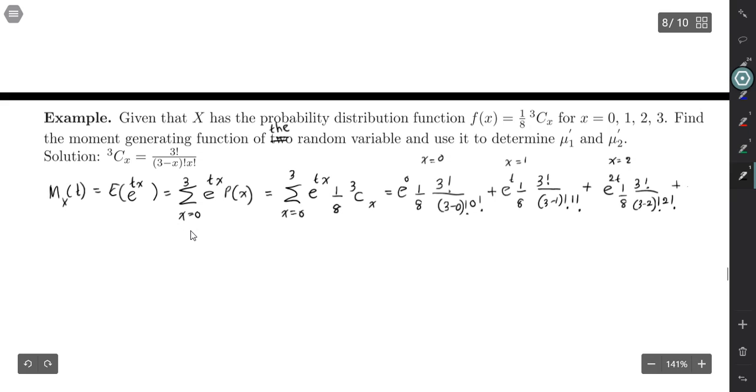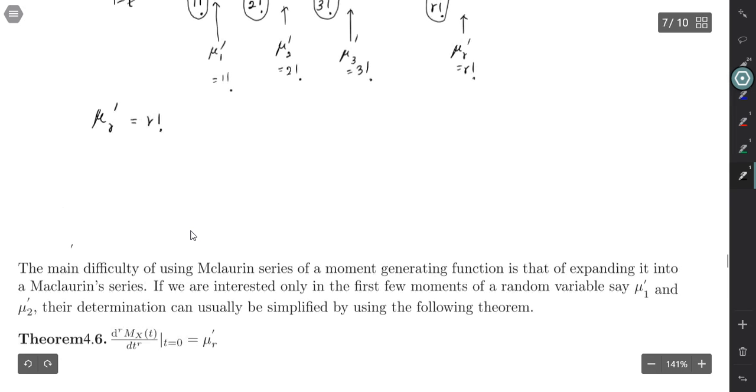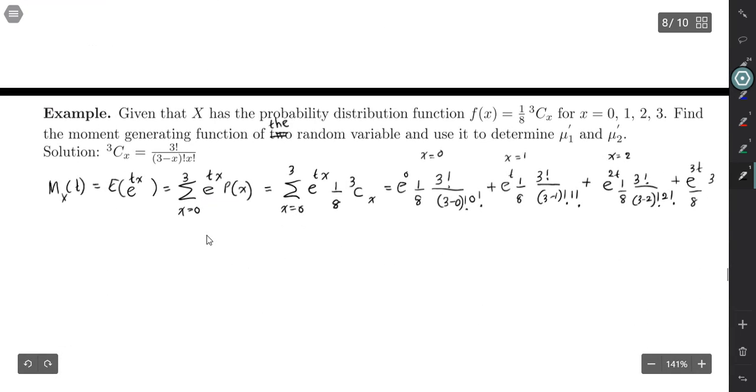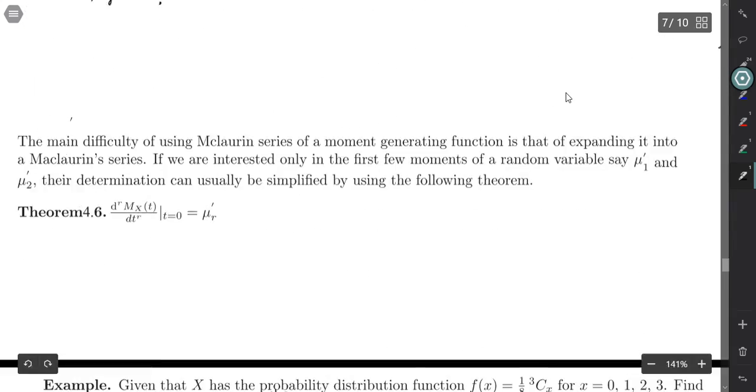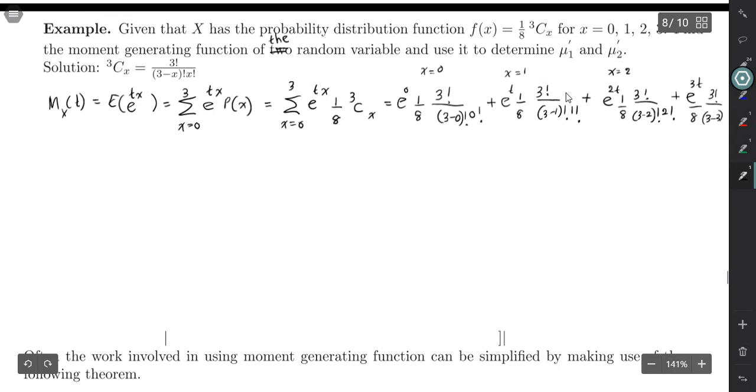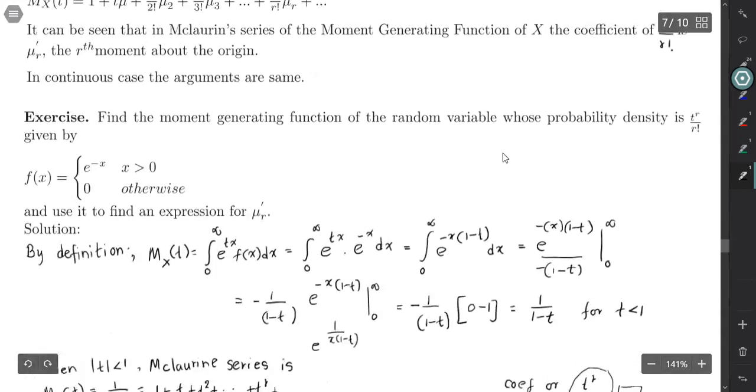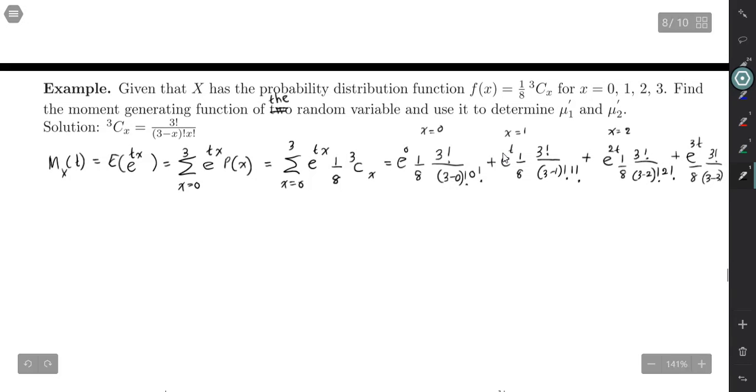And finally, when x is 3, we have e to the 3t over 8 times 3 factorial over (3 minus 3) factorial times 3 factorial.